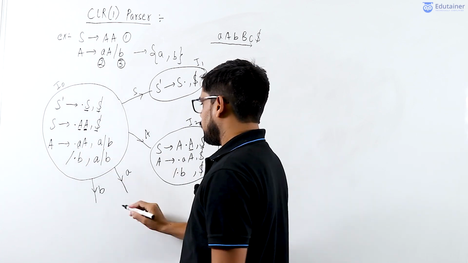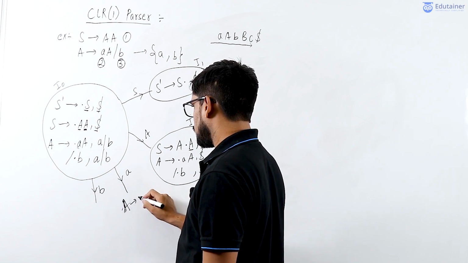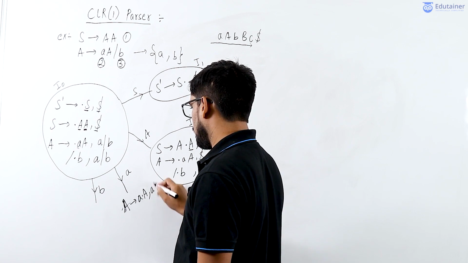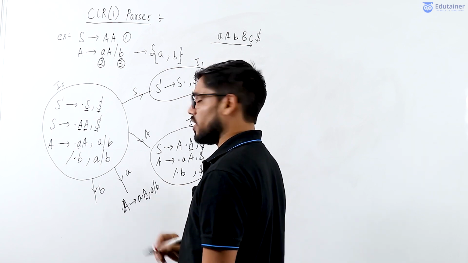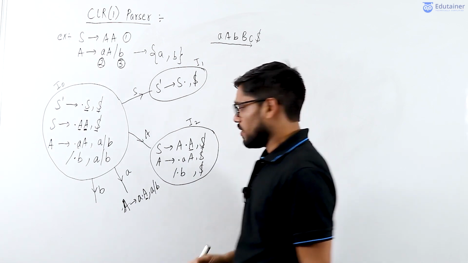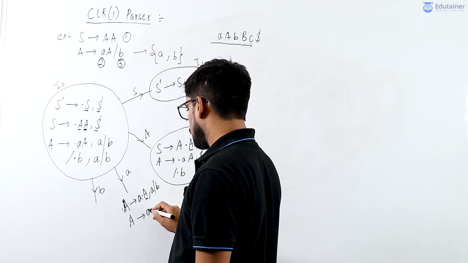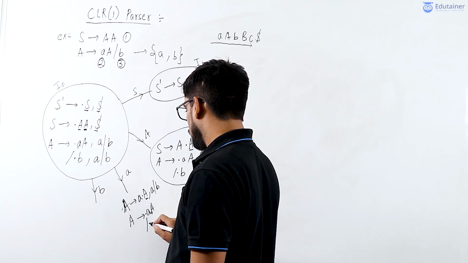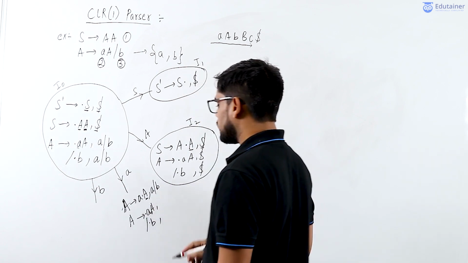Now small a, what will be the production? A derives a dot capital A or b. And because of this A, I have to add the production of A again. So the production of A will be A derives dot A A or dot B, and what will be the look ahead symbol?